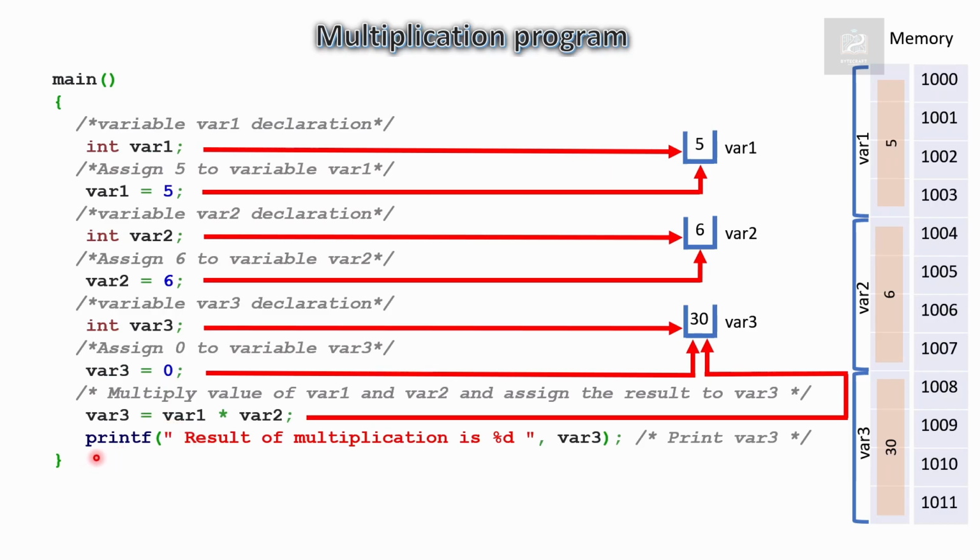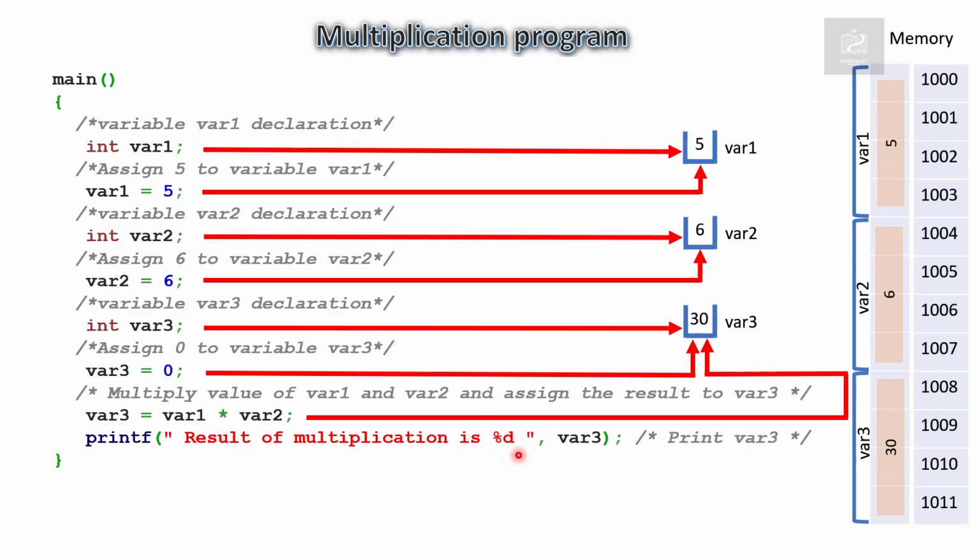Now here, as you can see, we have called a printf function. What is the usage of the printf function? To print something, right? And we want to print variable 3 here. So to print variable 3, we have written "the result of the multiplication is". Now look very carefully: we have written %d, then a comma, and then the name of the variable. What is this %d actually doing here?